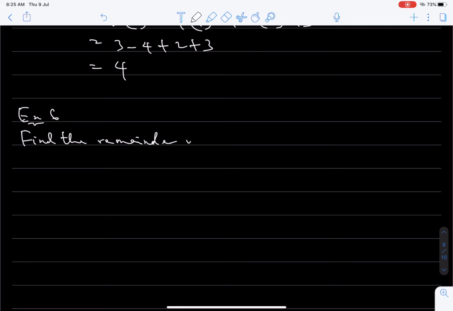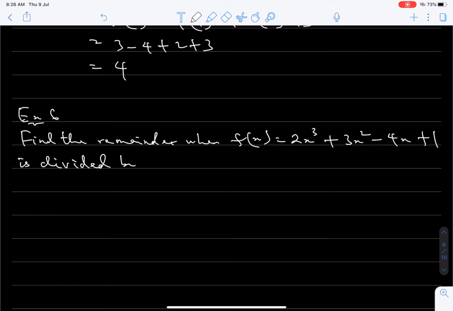Find the remainder when f of x, which is equal to 2x cubed plus 3x squared minus 4x plus 1, is divided by 2x minus 1.